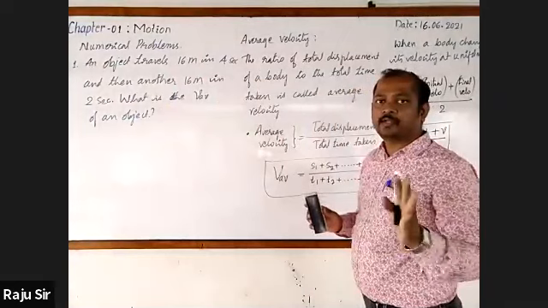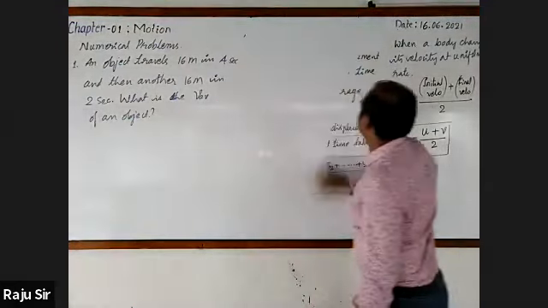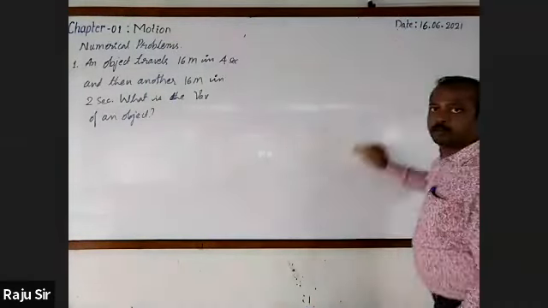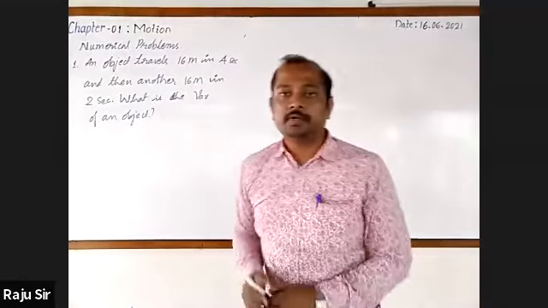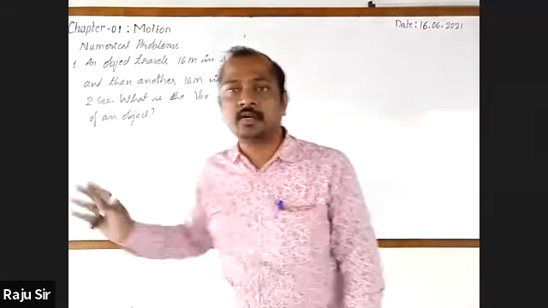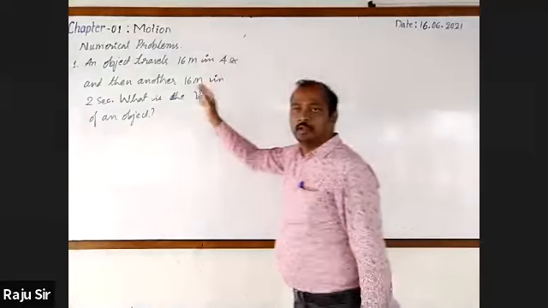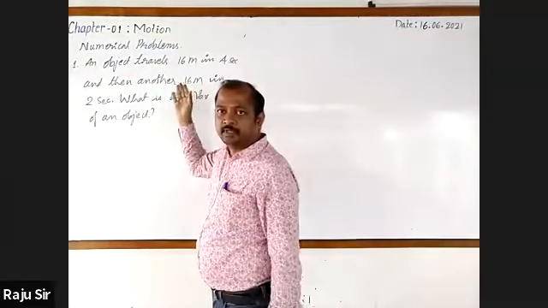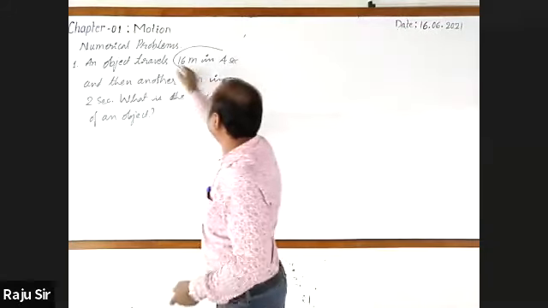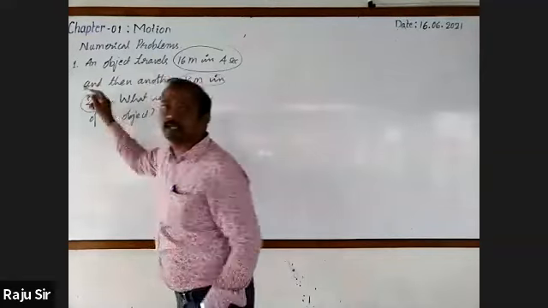Just copy, don't go for writing further. I'll explain it first. Have you written? Afrin, still you are writing. Just observe. Look at the book. Once you go through the statement, an object travels 16 meters in 4 seconds and then another 16 meters in 2 seconds.